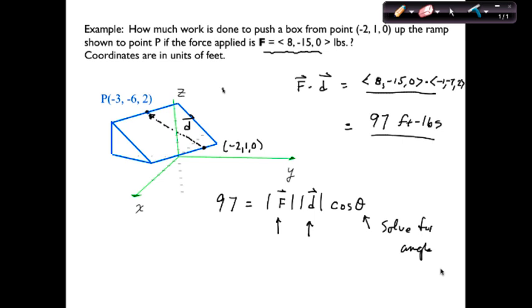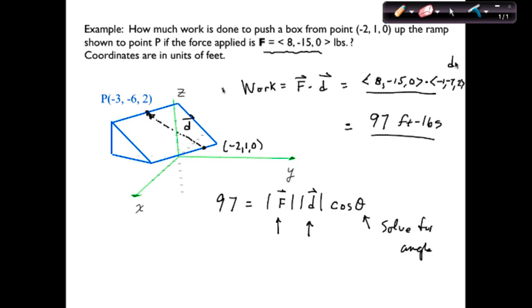Any questions? Yes, please. Oh, what's that? Where we got the 97? So the work is the dot product. Do you remember? In the last class we determined that work is the dot product of the F and D vectors. So I found the D vector by doing final minus initial.